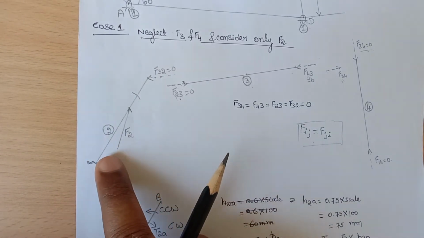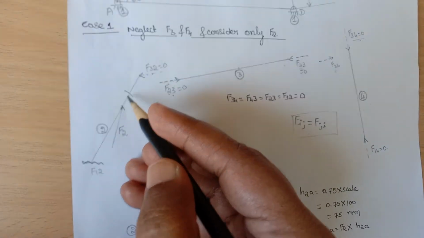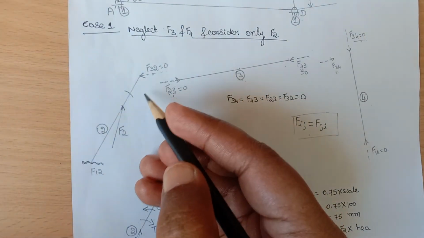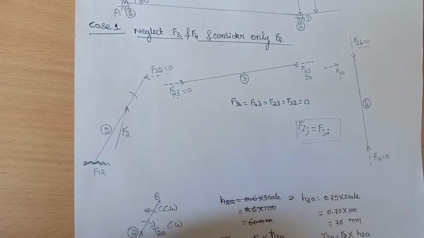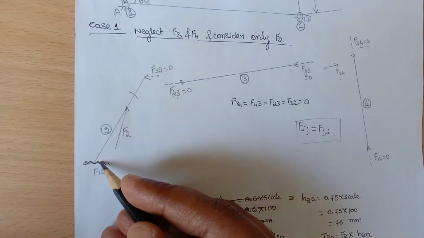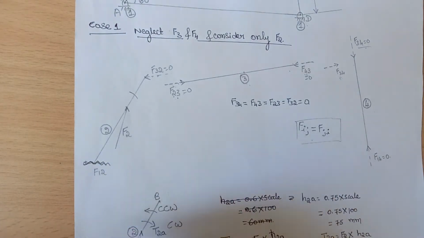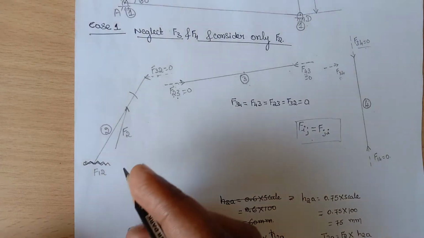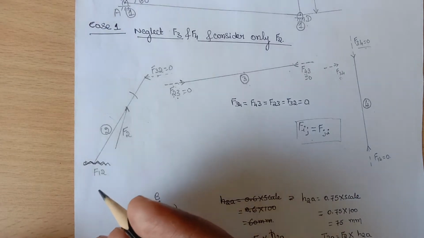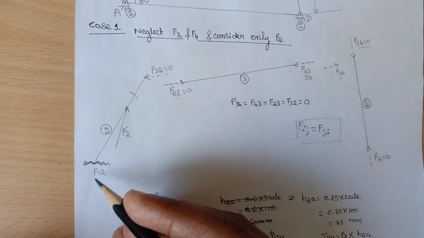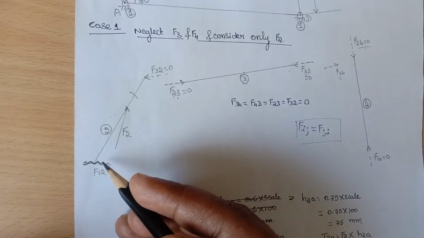When there are more than 2 forces acting on a particular link, the direction of the force from the fixed member is always unpredictable. And also here one torque is also there. So in this case we can't predict the direction of the force from the fixed member.